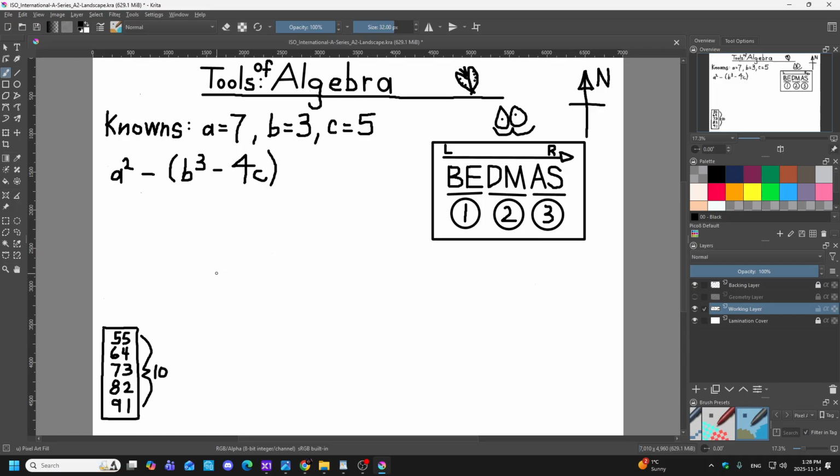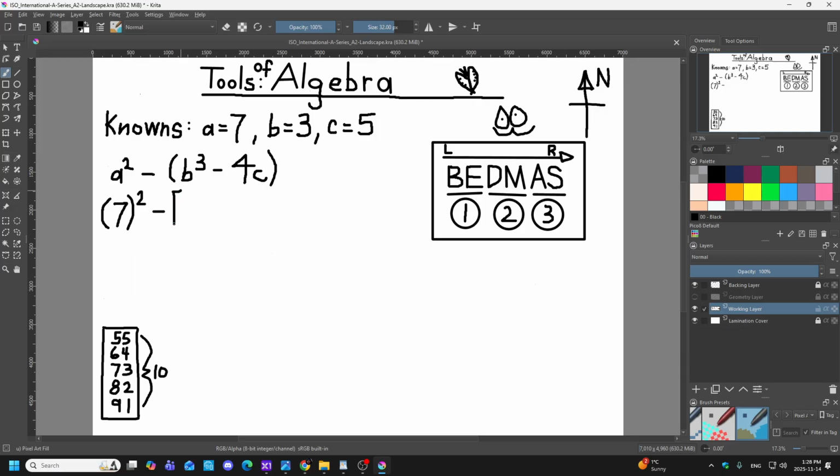Okay, here we have a squared. Let's do our substitution. I like and prefer to use brackets with any exponents. A is 7, close bracket, and squared. I like it because it creates clarity. Now here I could actually use my own square brackets.